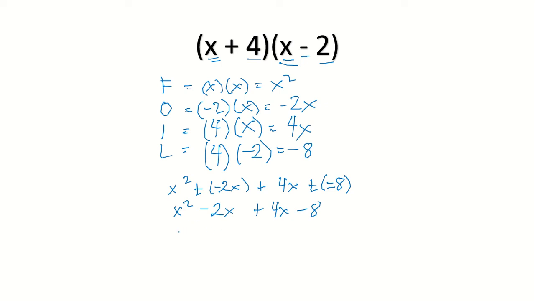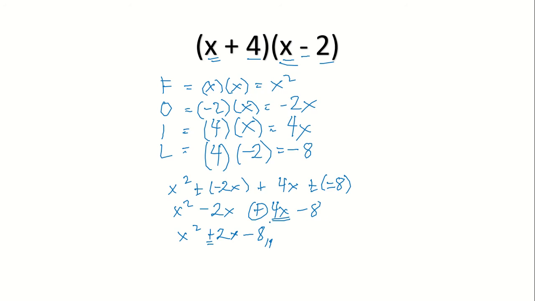Then combining like terms, we have x squared plus 2x, because the higher number is positive, so we follow the sign of positive. Then minus 8. Then that is the final answer.